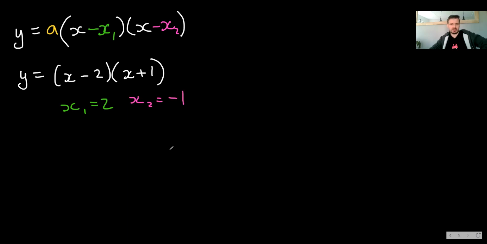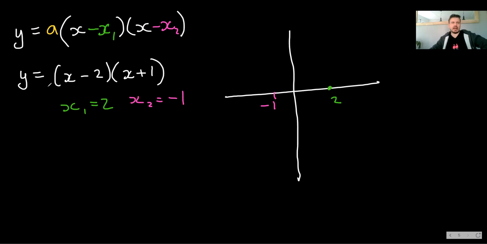And so we know nothing about this if we just looked at it, other than we have a 2 and a -1 and a happy face, because it's a positive. And so because it would be a happy face, it would kind of look like that, and you would have to then do work to find the other stuff.